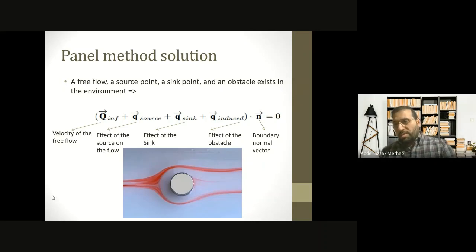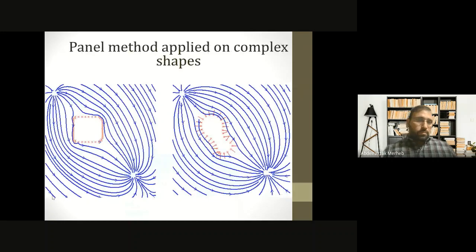We have applied the panel method on several complex shaped obstacles, and as you can see, we were able to calculate the flow velocity at each point in the environment.